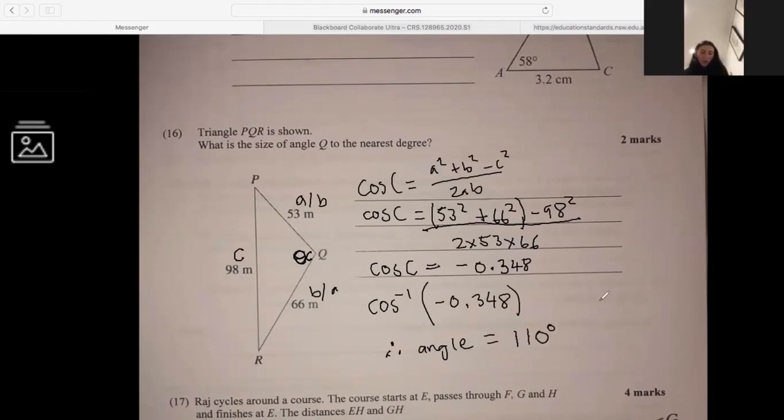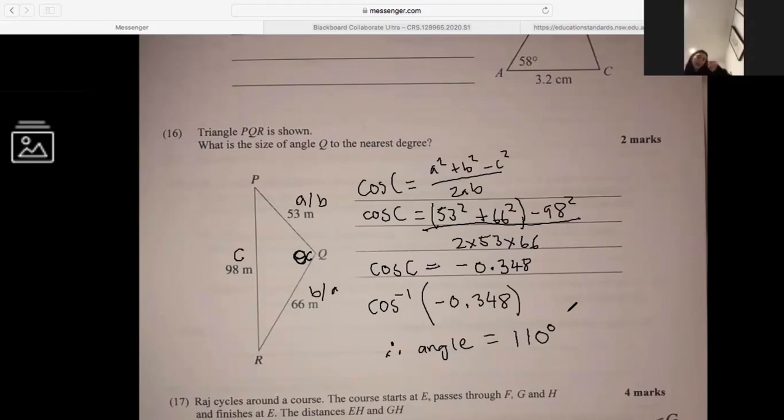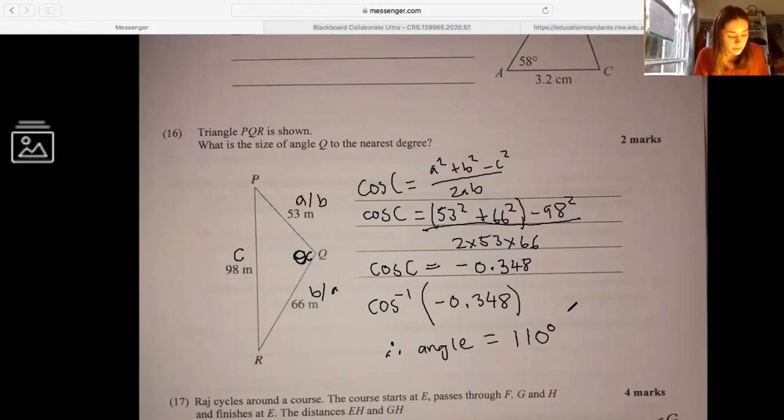I got 110.36. Cool. And the thing to remember in that one is to do the cos inverse.